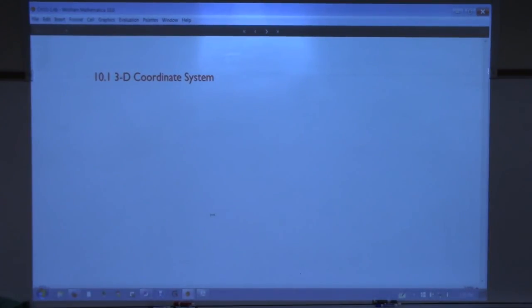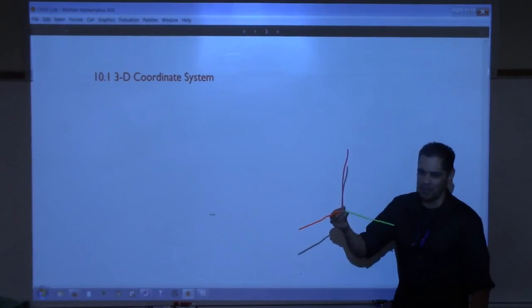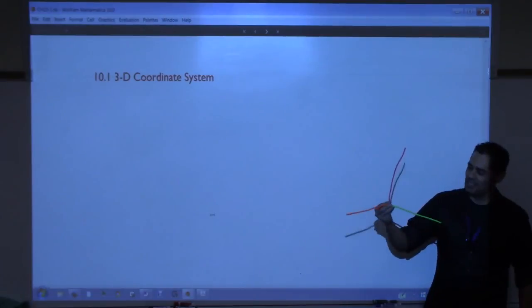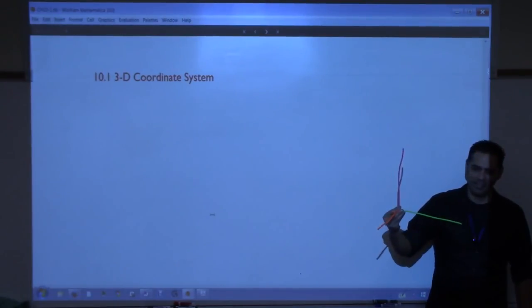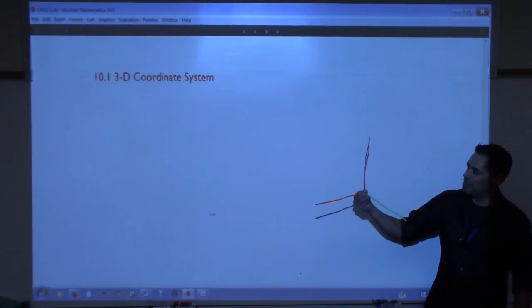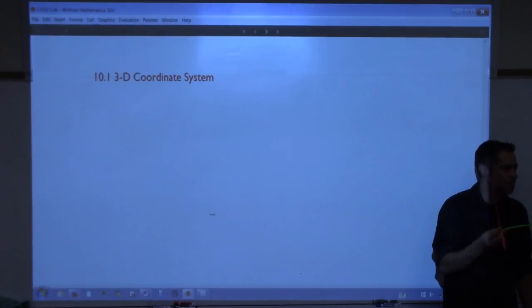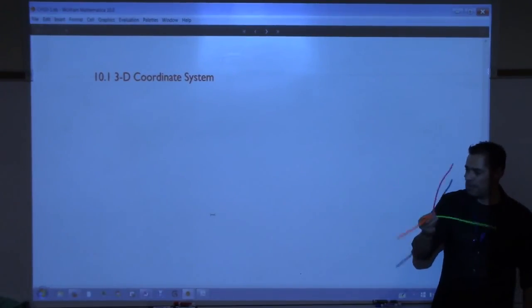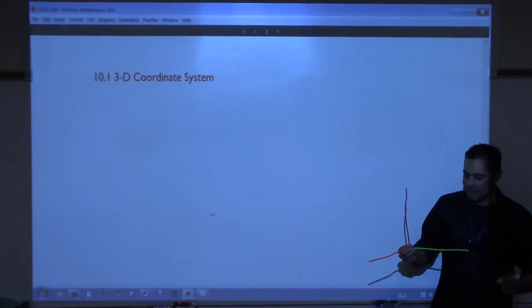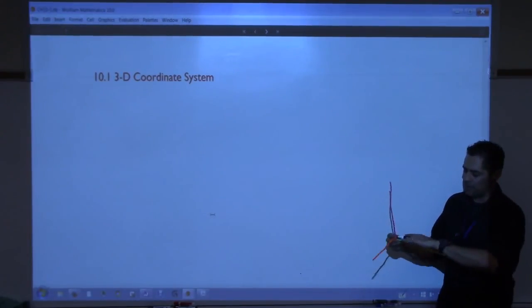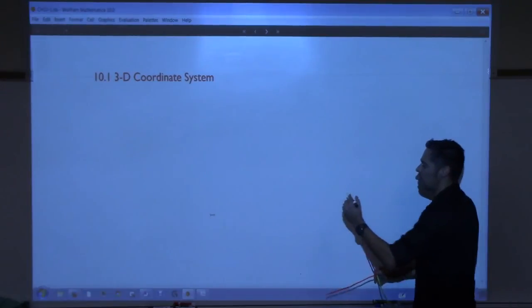So since we're going to be dealing with 3-dimensional space, I brought 3-dimensional space in for you today. There it is right there. So this is what we're going to start today's class with. What I recommend is while you're getting used to 3-dimensional space, you make your own. I've seen people do a box, like a shoe box.